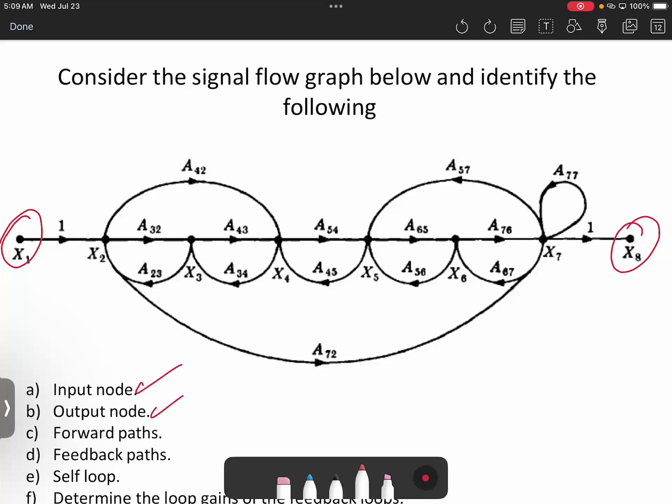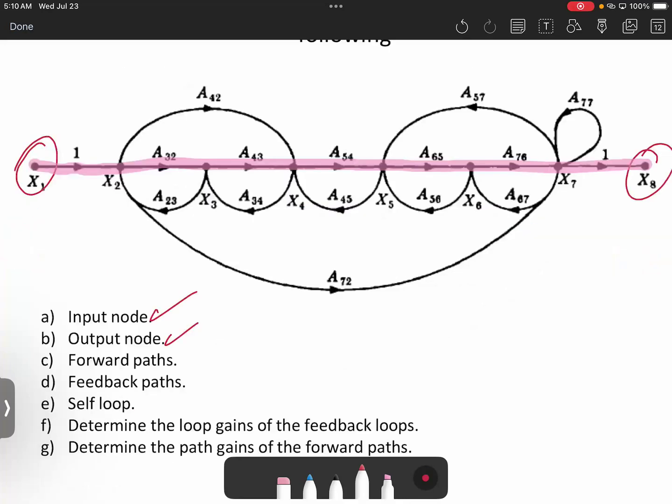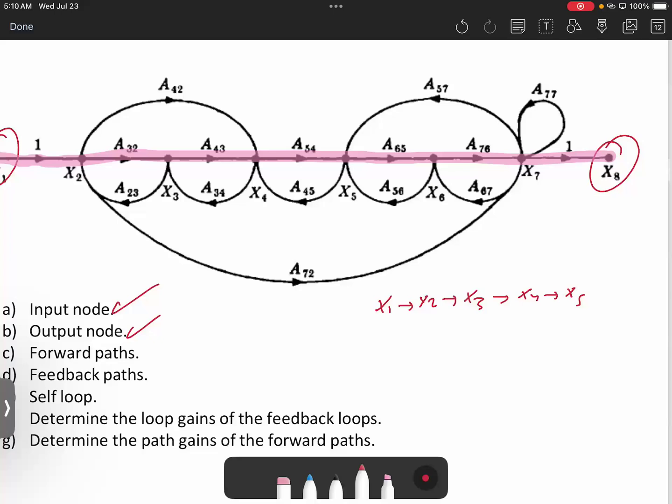Forward path: how many paths are possible that go from X1 to X8 without repeating the same node twice? The straight path, right? This is one path: from X1, X2, X3, X4, X5, X6, X7.